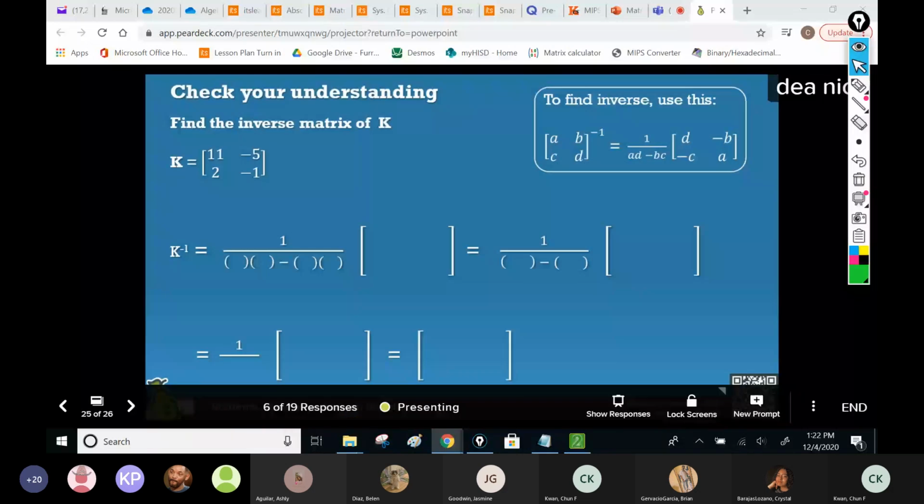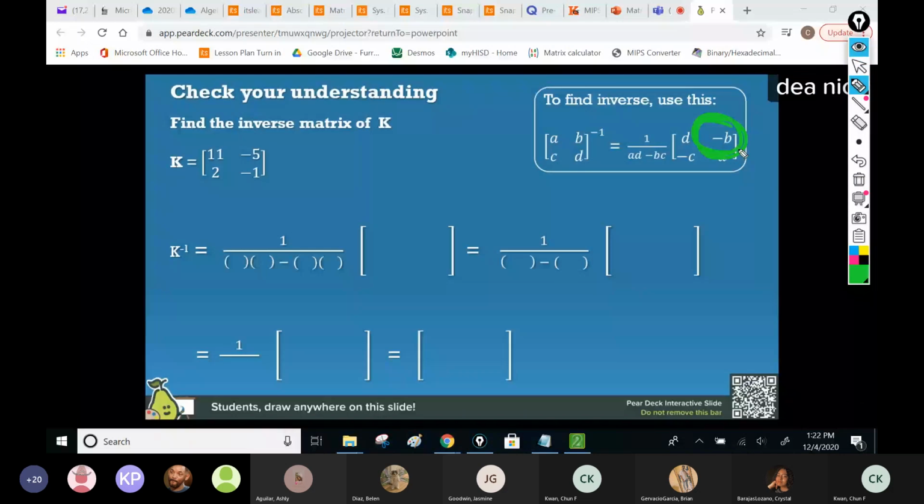Inside the matrix, be very careful because this is a negative B. B is -5, right? So if you want a negative B, you need to have a negative right here and then replace B with -5, which means it will turn into a +5.